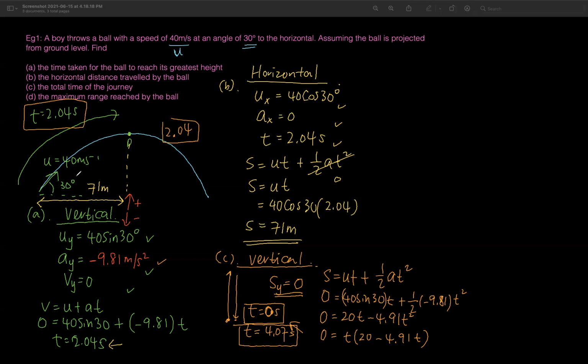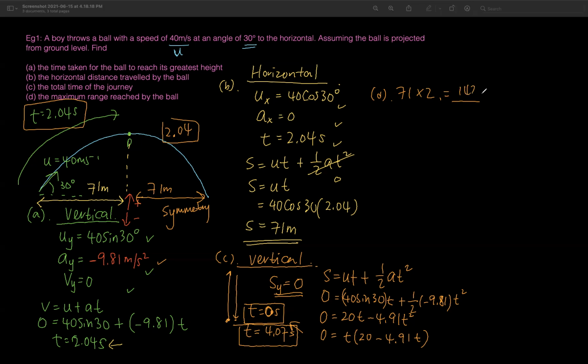It means that a projectile motion is symmetry. Okay, they are symmetrical. If they are symmetrical, that means that the distance I can also times 2. If 71 to the midpoint, then I can take another 71 meter from here to here. So D, the maximum range, 71 times 2. You get the answer.